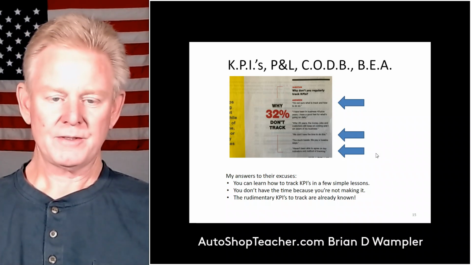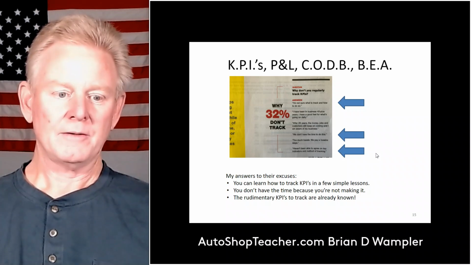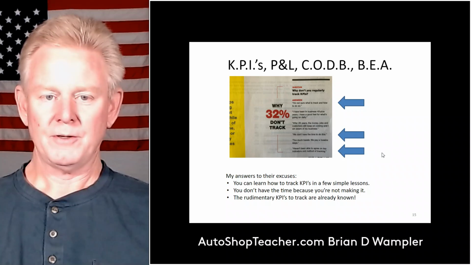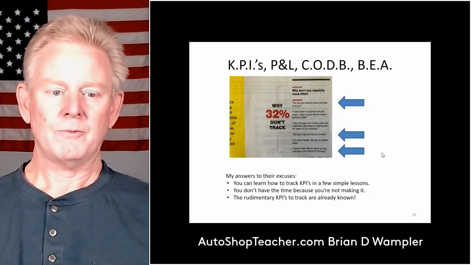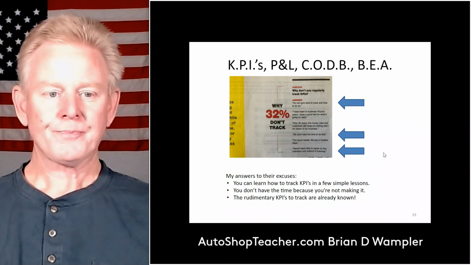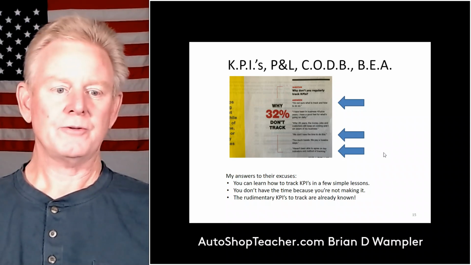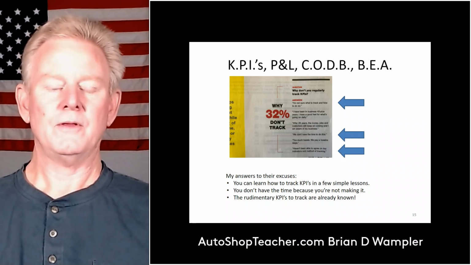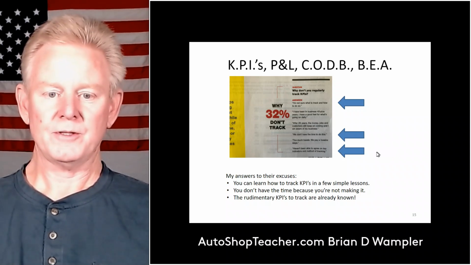You could literally sit down as a shop owner, even back then, 40, 50 years ago, with a calculator and a pencil and a ledger, and get this information off of your repair orders and into a document that you could then use to determine the health of your business.